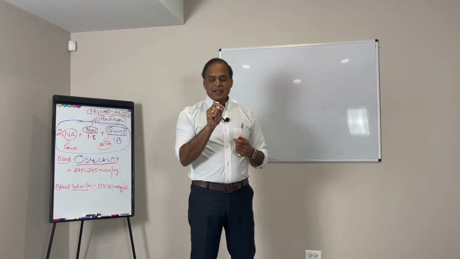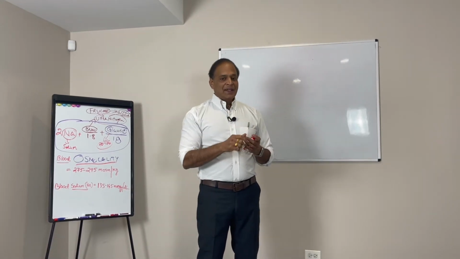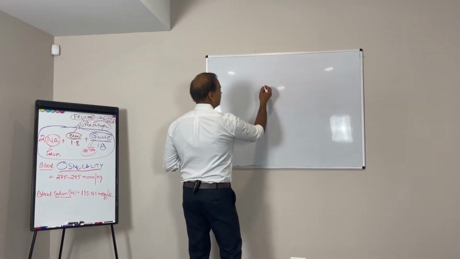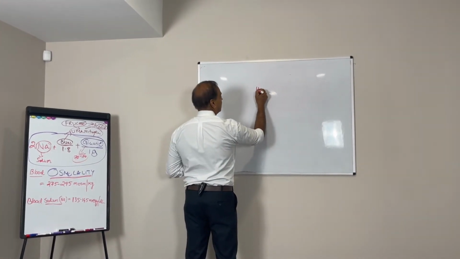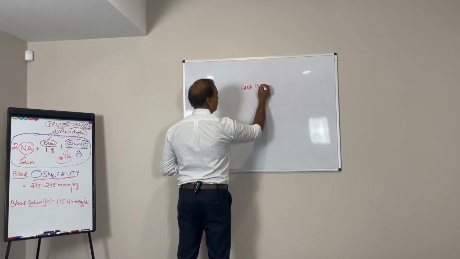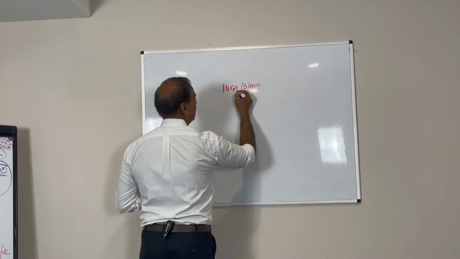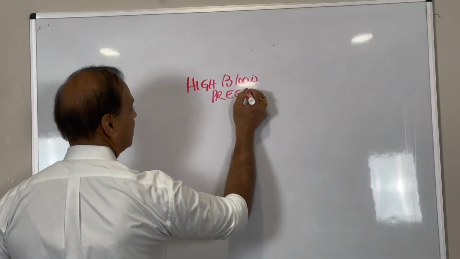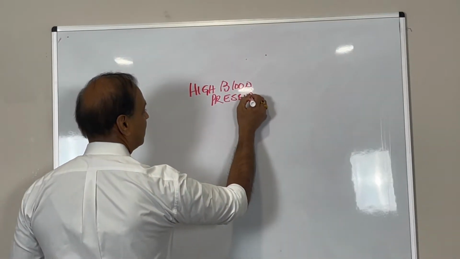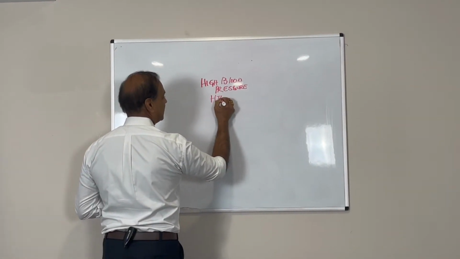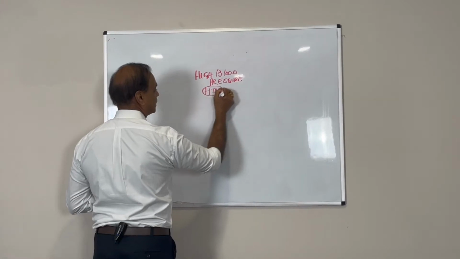So with that being said, we have established one important thing here. If I say high blood pressure, I'm going to put it in short form here as HTN, which means hypertension.